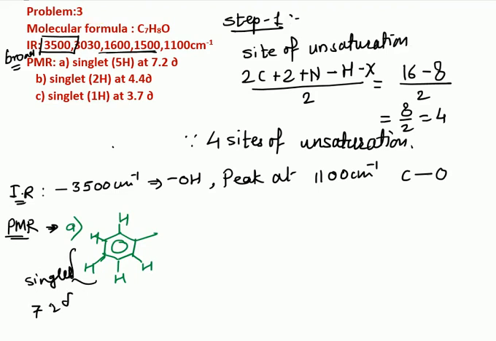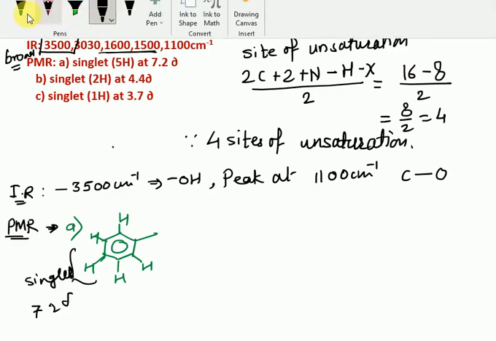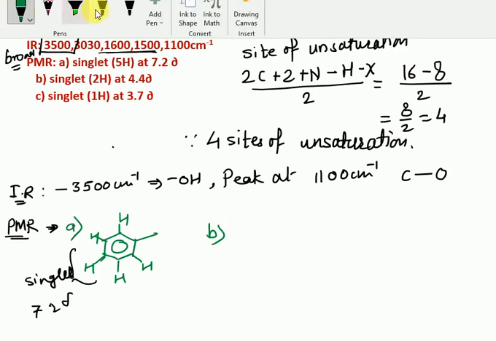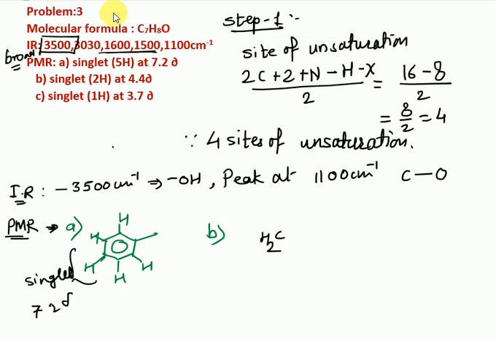Then the second PMR data, where the 2 hydrogens show a singlet.